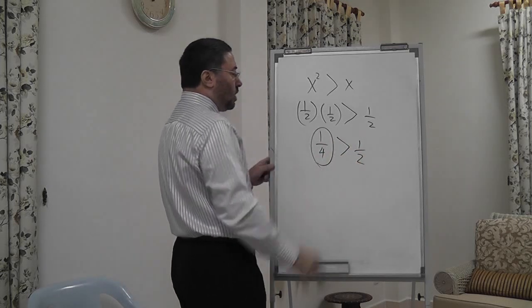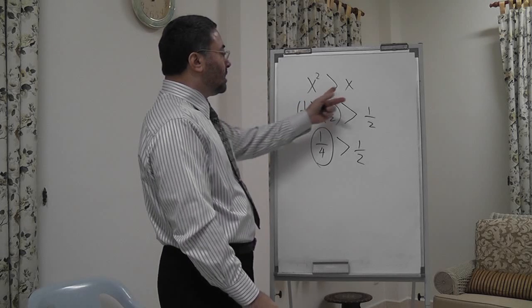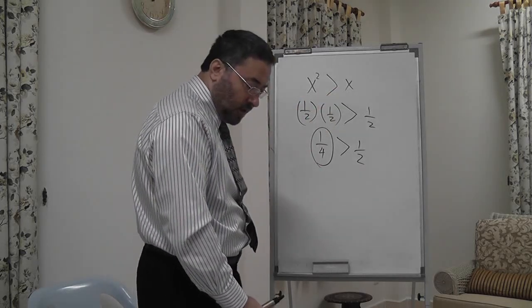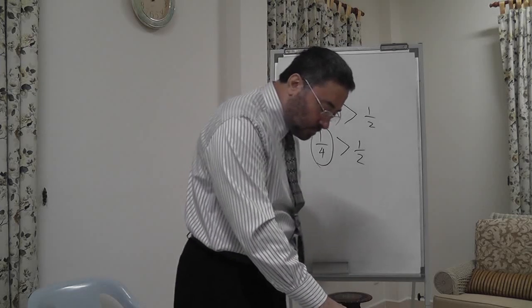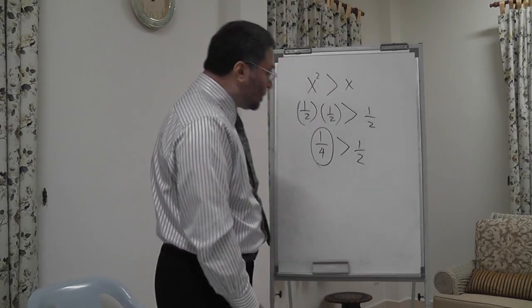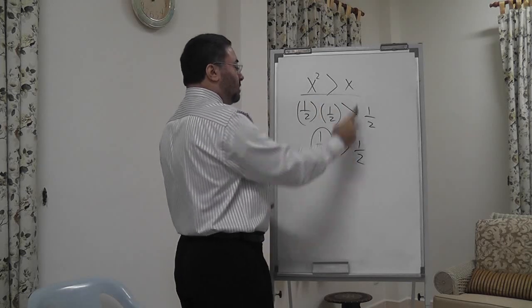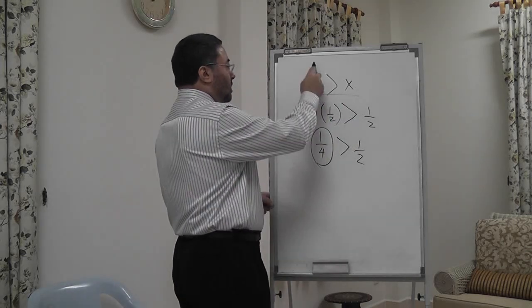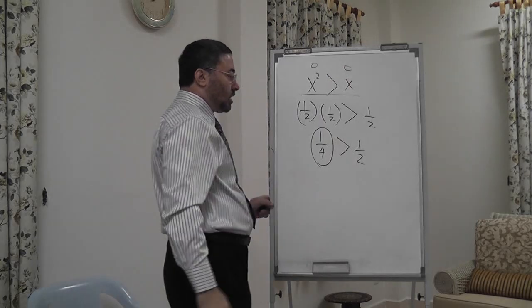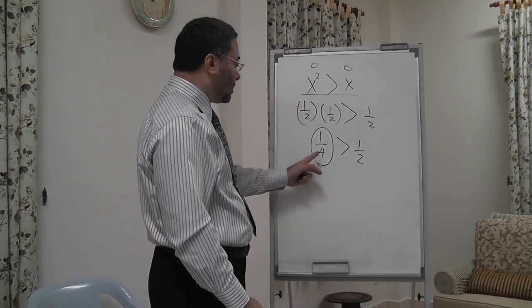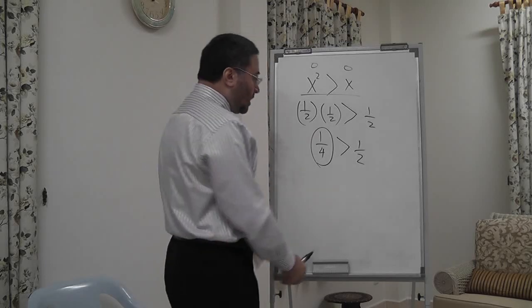We are going to get 1/4. So this statement is not true for all numbers. Definitely it's not true for the fractions as we have seen. For other numbers, whether positive or negative, this statement will be true, except that 0 also will not apply. So for 0 and the fractions, this statement does not apply.